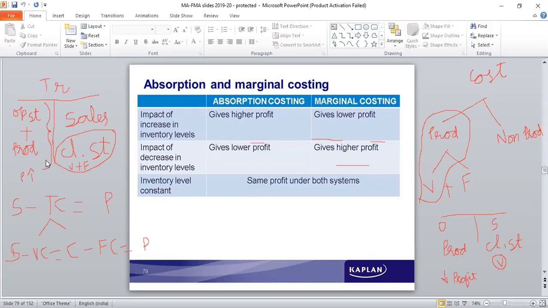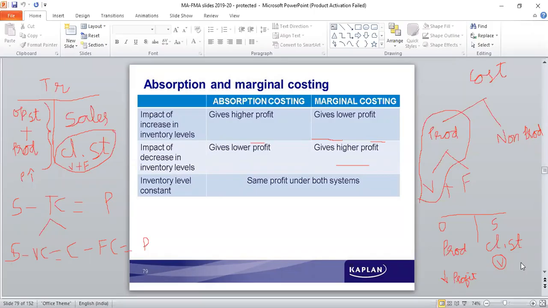If there are fewer units in closing stock, less amount of cost is charged here, and the profit will also decrease under absorption costing.